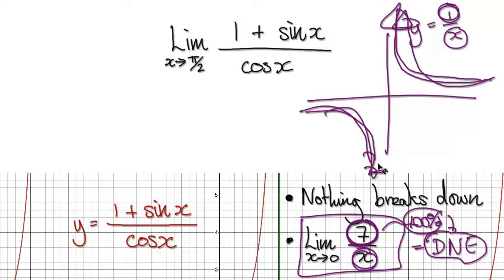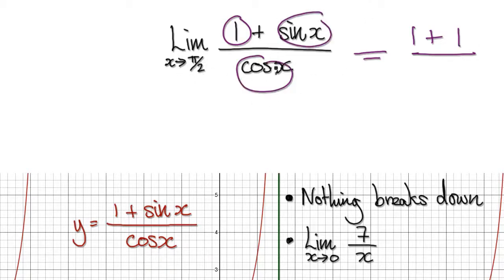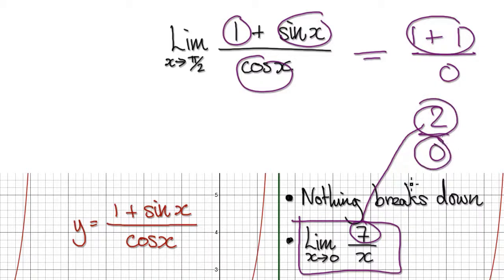Well, if you look at our case here, this is 1, this is 1, and then as x heads towards pi over 2, this thing here heads towards 0. So here we've got this scenario where you've got 2 over 0. You see, this is a constant, and then the denominator happens to be heading towards 0.